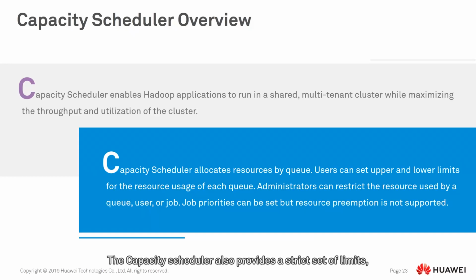The capacity scheduler also provides a strict set of limits to ensure that a single application or a user or a queue cannot consume a disproportionate amount of resources in the cluster. Administrators can restrict the resources used by a queue, user, or a job.